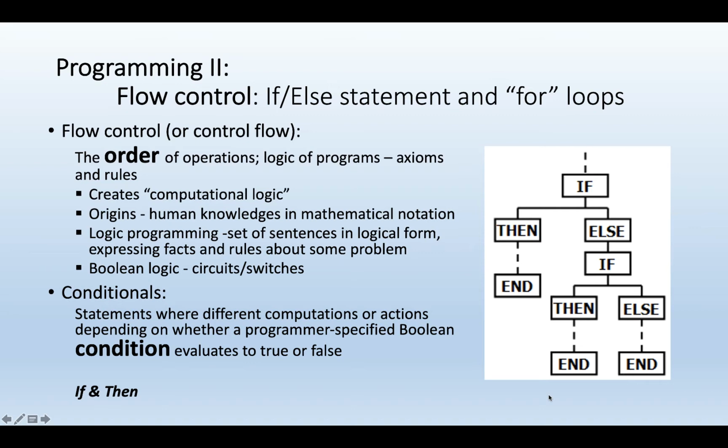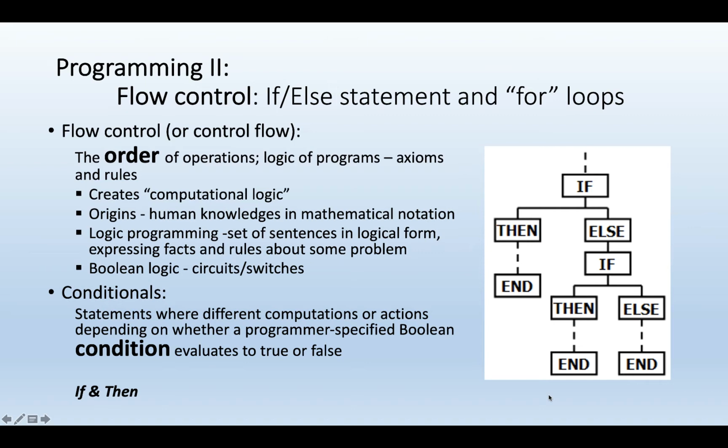When we say logic, you automatically might think of mathematics and philosophy, right? This process of computational logic actually has its origins in human knowledge systems, specifically in mathematical notation. Because of that, we get a lot of overlap between how computational logic works and how mathematical logic works.